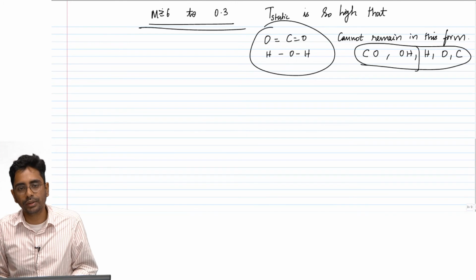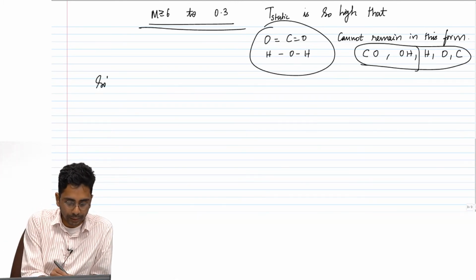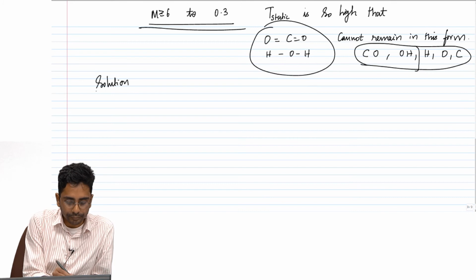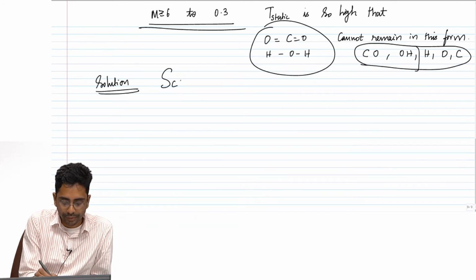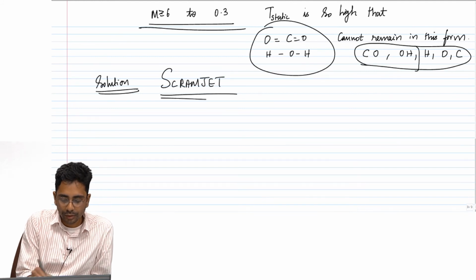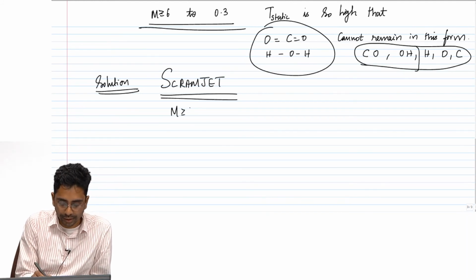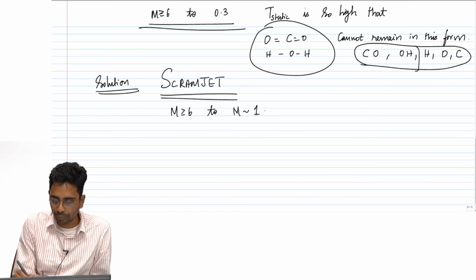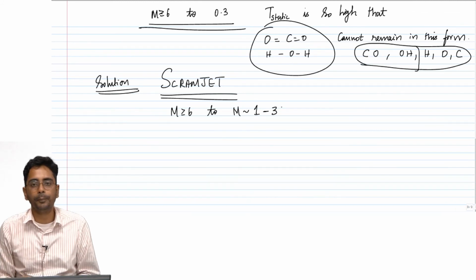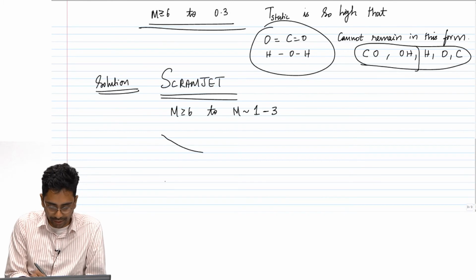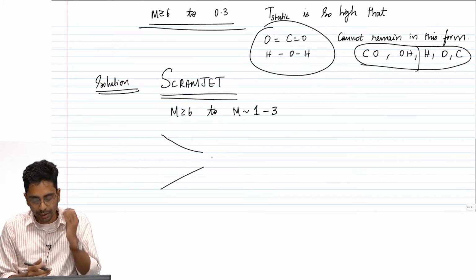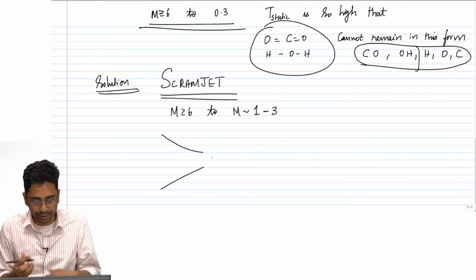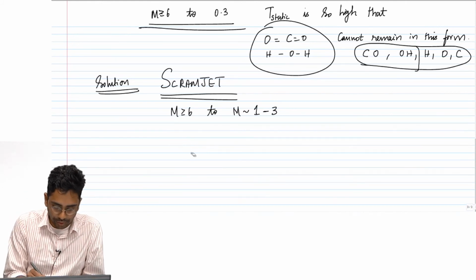So what is the solution? Solution is do not decelerate as much: go from Mach greater than or equal to 6 to maybe whatever is acceptable, Mach 1 to 3 or something like that, in the combustion chamber. So you again have a diffuser, which I am drawing in a very simple way, but an actual scramjet engine will look a lot more complicated.